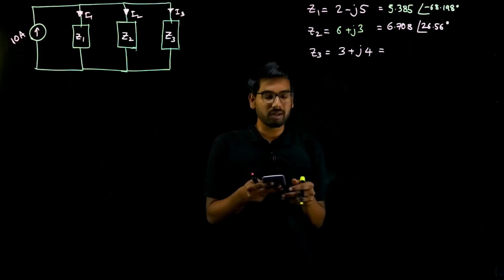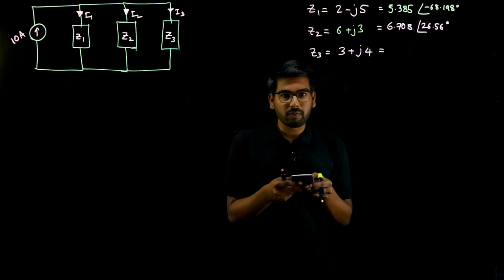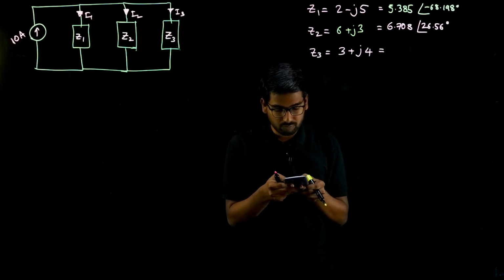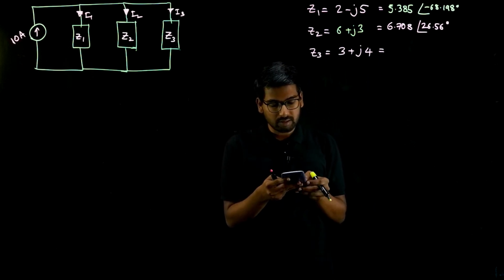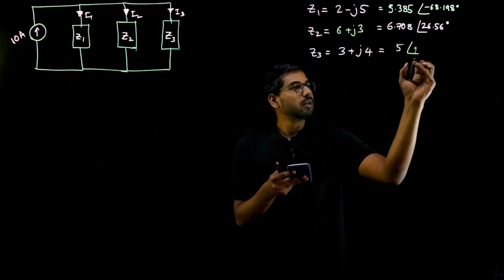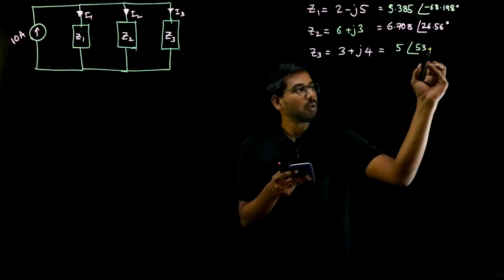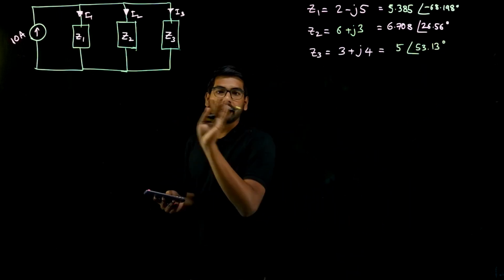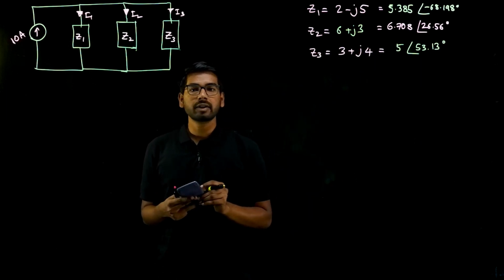Similarly, convert 3 plus j4 to polar. Polar function, inputs 3 comma 4, and the answer is 5 at an angle of 53.13 degrees. So now we have all three impedances in both polar and rectangular forms.